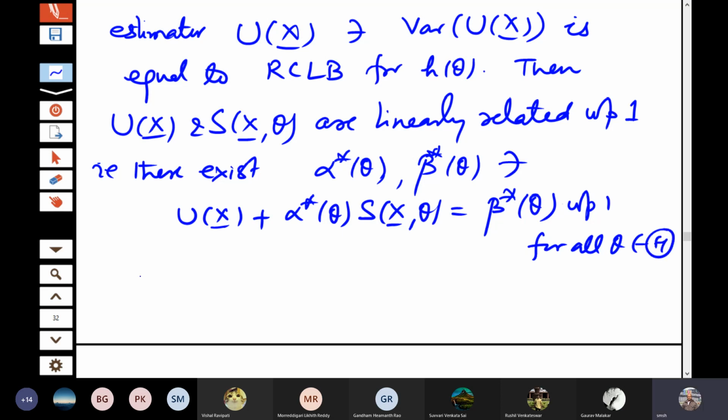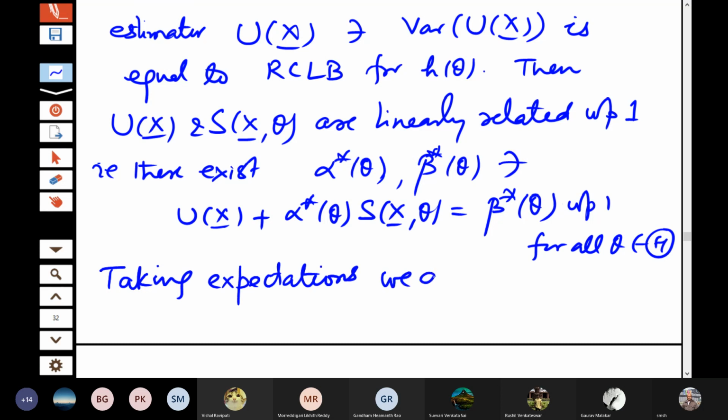So once again you take expectation. Left hand side will give me h theta plus this is 0. So this is equal to beta star theta.